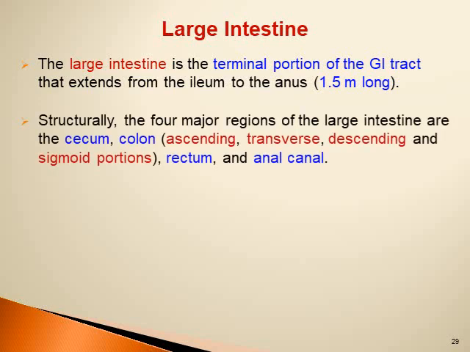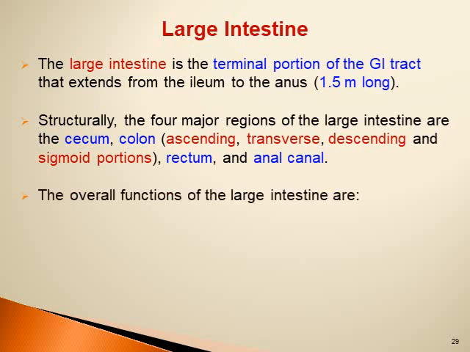Structurally, the four major regions of the large intestine are the cecum, the colon, the rectum, and the anal canal. The colon is composed of the ascending colon, transverse colon, descending colon, and the sigmoid colon.